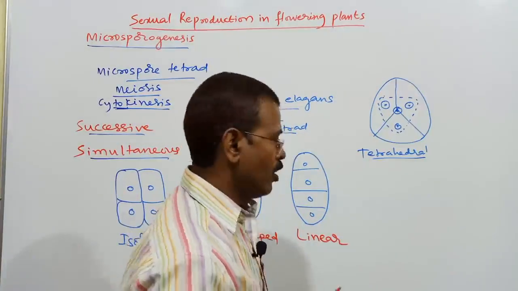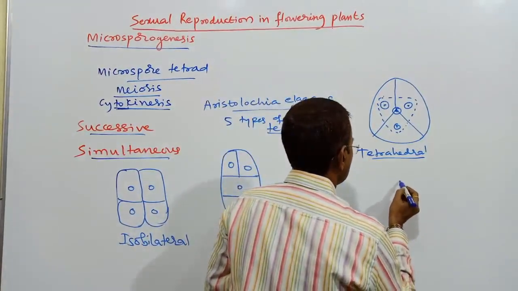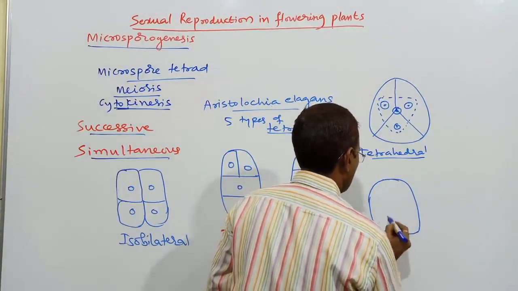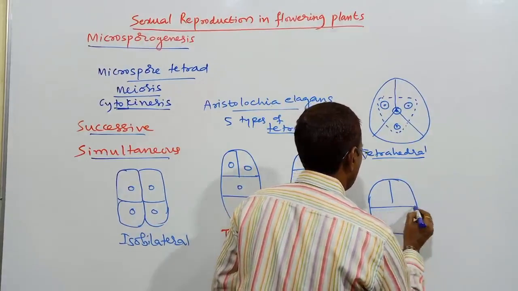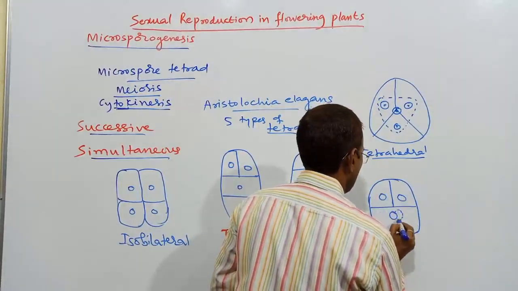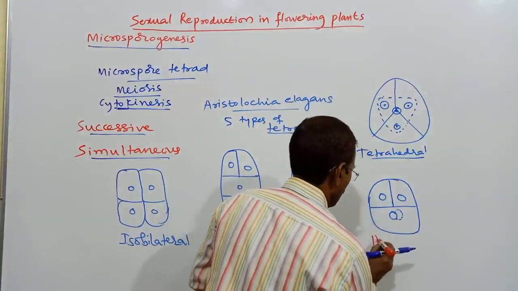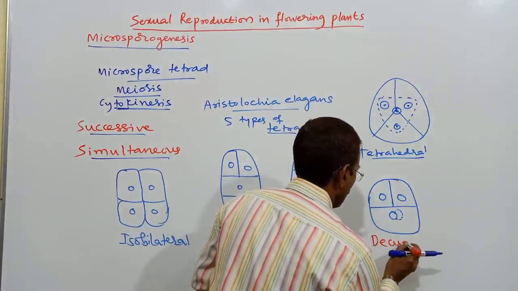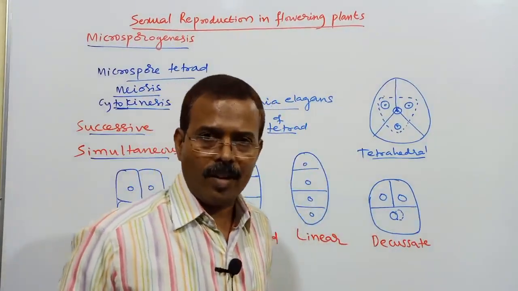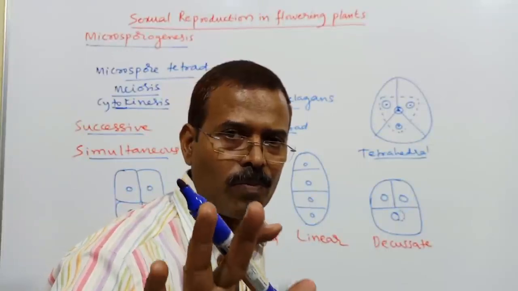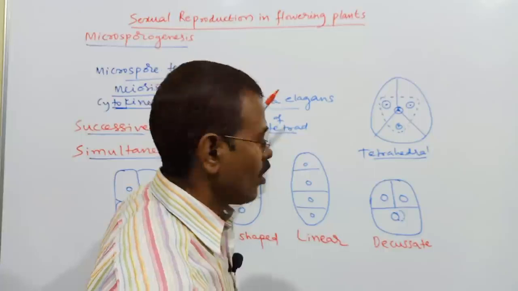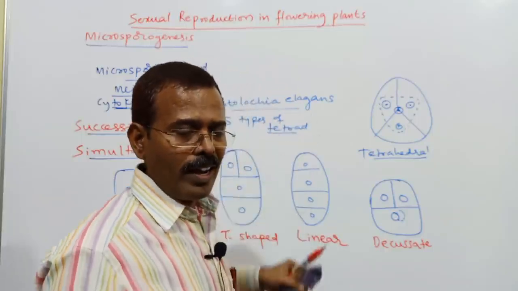Linear tetrad. Decussate tetrad. So these are the 5 types of pollen tetrad or microspore tetrad formation in example Aristolochia elegans.